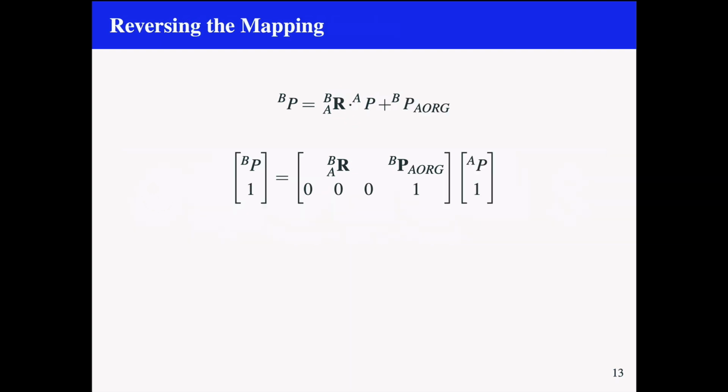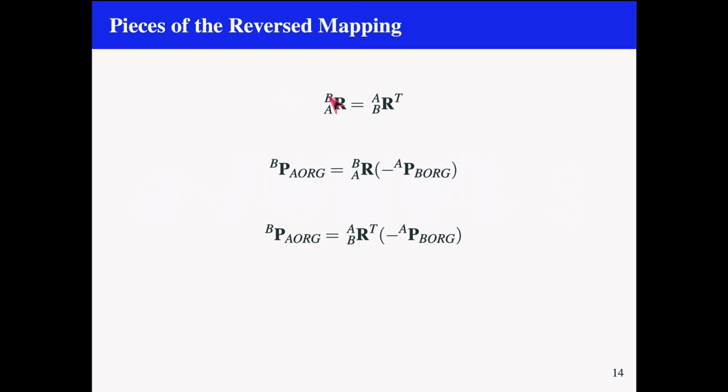And so what I want is RBA and PA org B. But I can find them in terms of the things that I already know by saying that RBA is really just RAB transpose, and PA org B is the negative of PB org A, rotated into frame B components. If I took this and substituted it in here, I would get this expression. So PA org B is just a negative RAB transpose times PB org A, where I would already have this and this from finding the TAB.